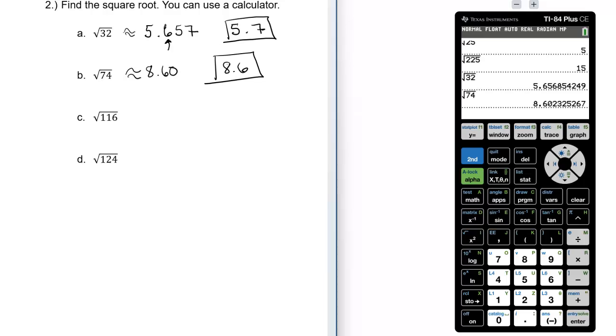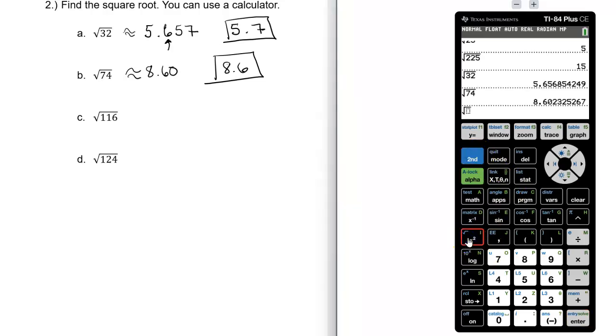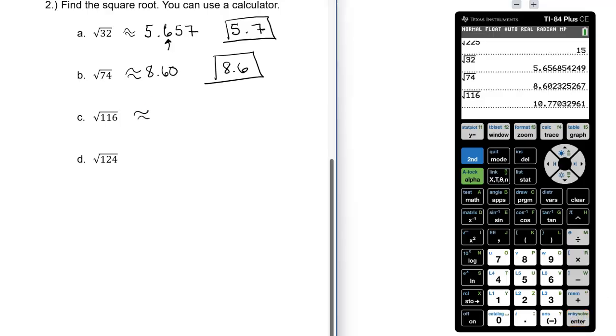Okay, so square root, so second, X squared button, enter your number, which is 116, hit enter. So we have 10.77, which I'm rounding to 10.8.